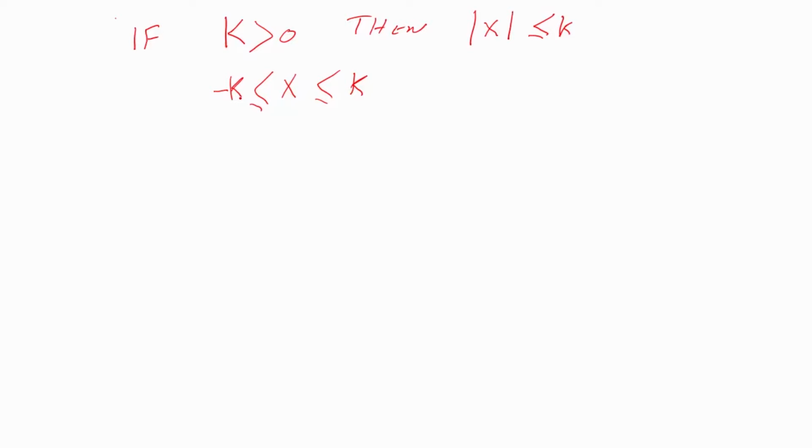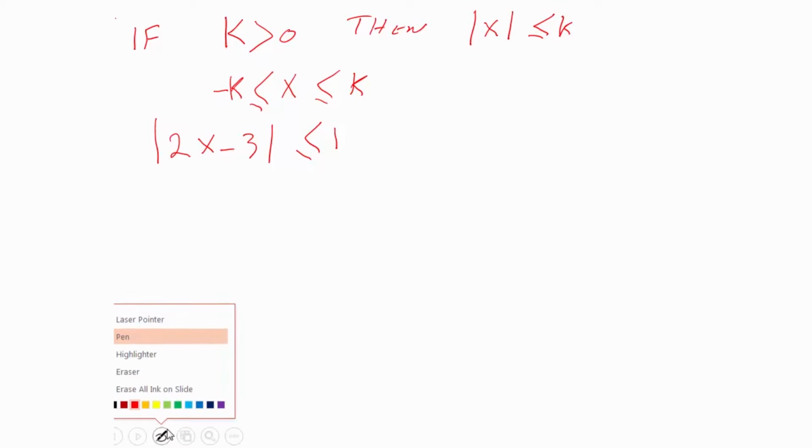For example, let's do this first. For example, if I have 2x minus 3, absolute value of it, less than or equal to 1, right?